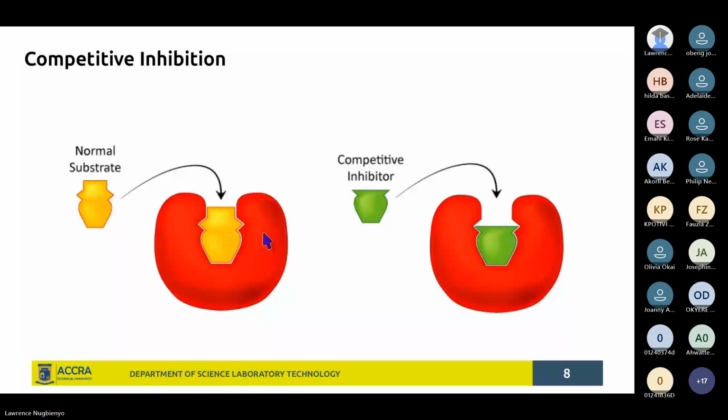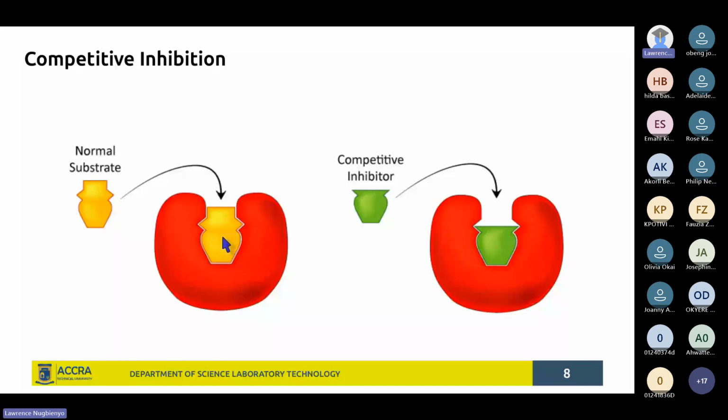And we see a substrate which is represented with the yellow or gold color. Another structure here is the inhibitor, represented with a green structure. Now you notice that the substrate on which the enzyme acts can fit into that active site for the enzyme to act on it.